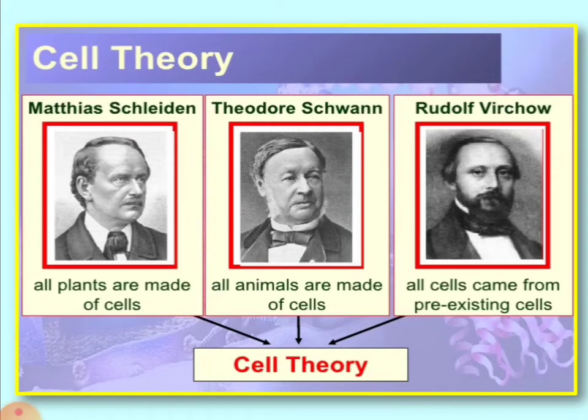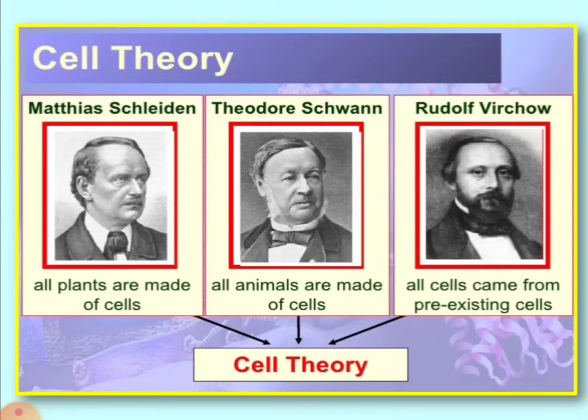So first of all, Schleiden made the discovery that all the plants are made up of cells, and later on Schwann confirmed that all the living things, both plants and animals, are made up of cells, and the cell is the basic structural and functional unit of life.